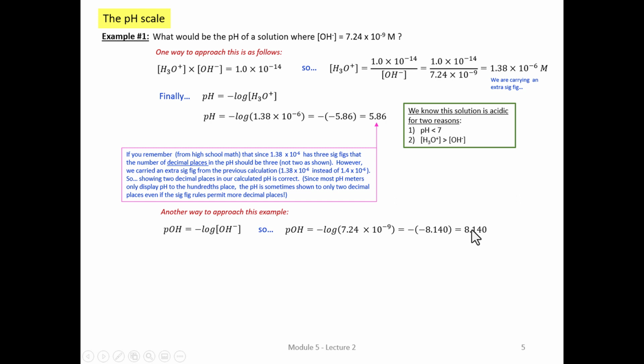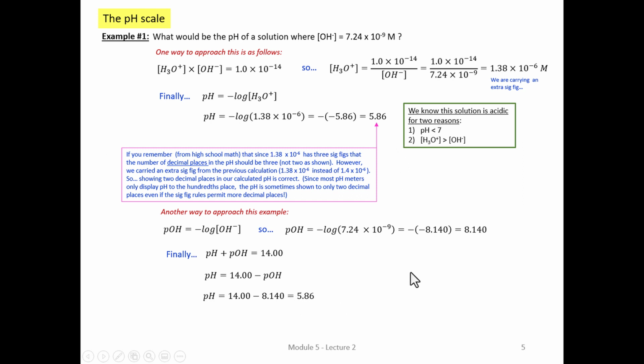And we'd remember that pH plus pOH always equals 14, so we could just solve for pH, and we'd get 14 minus 8.140, and following significant figure rules, a pH of 5.86, which agrees with what we got by the previous method.